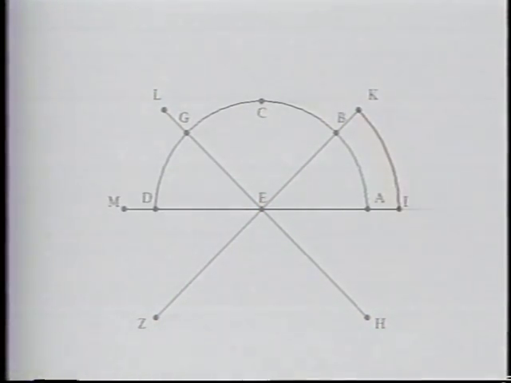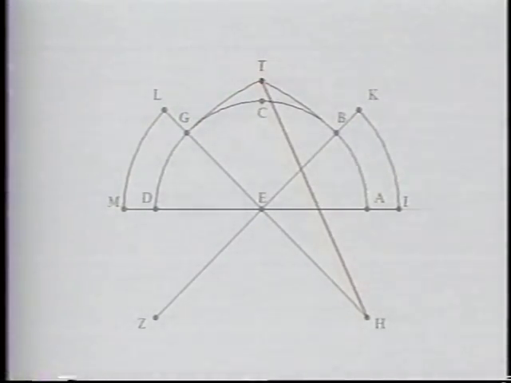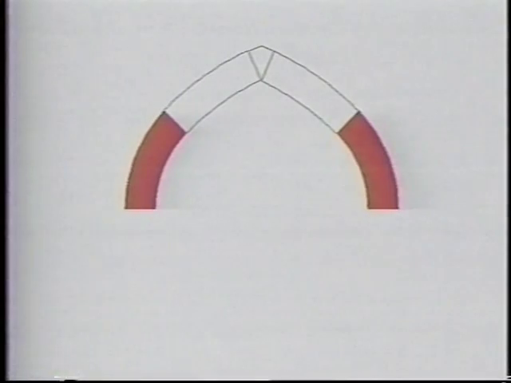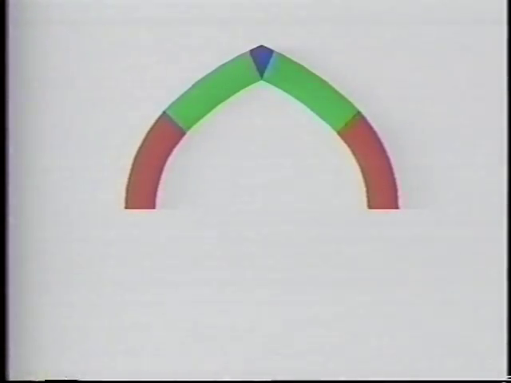We draw arcs from the center E as well as from the points H and Z. And we erect the perpendiculars SN and ON. These 5 sections form the facade of the arch. An example is the dome of the Madrasa Tilakari on Samarkand's main square.